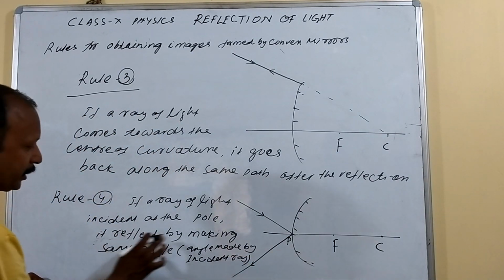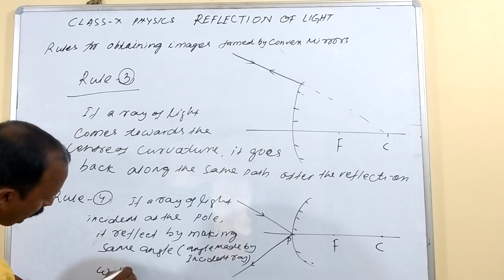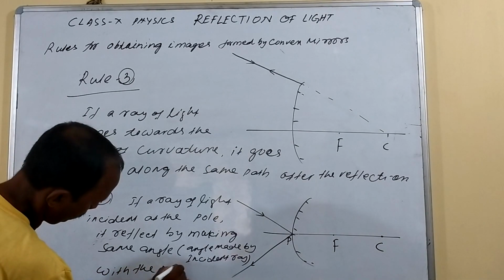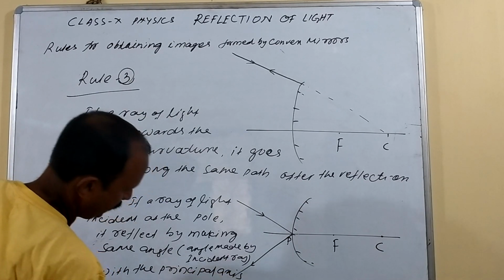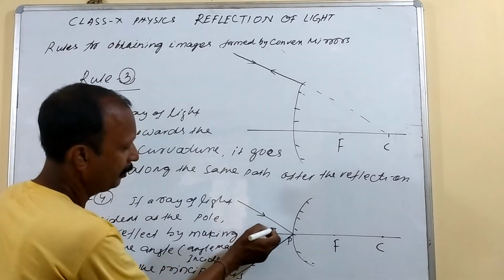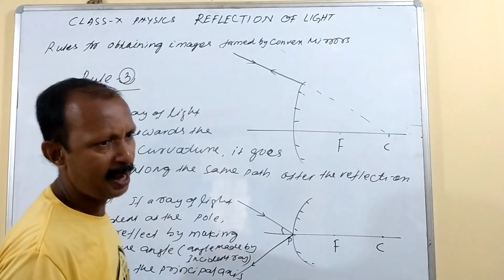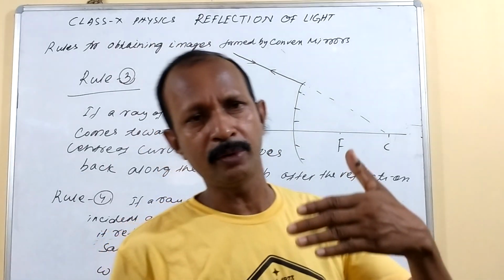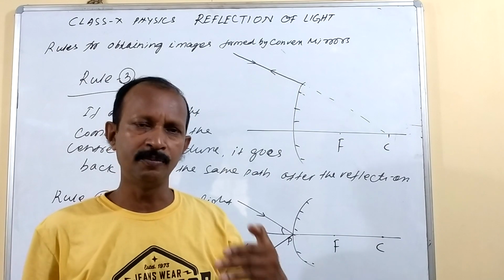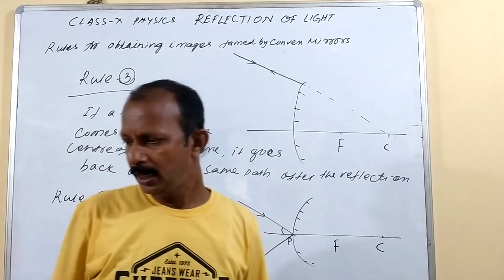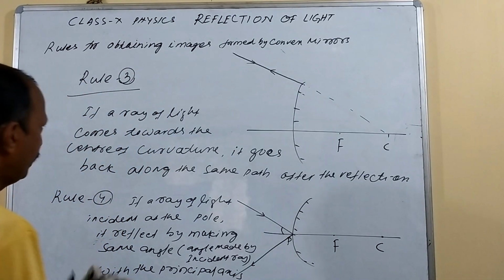So it reflects by making the same angle with the principal axis. How much angle is made by the incident ray with the principal axis, it will also make the same angle. These are the rules which will help to draw the ray diagram when the object is placed at different positions in front of a convex mirror.